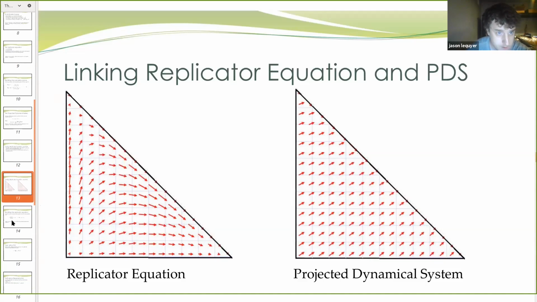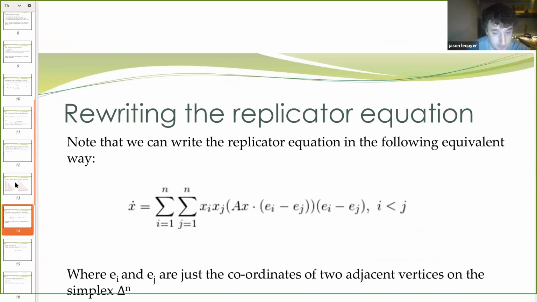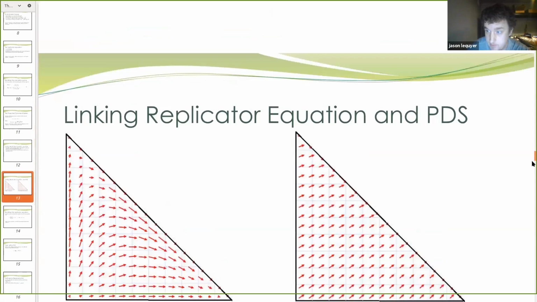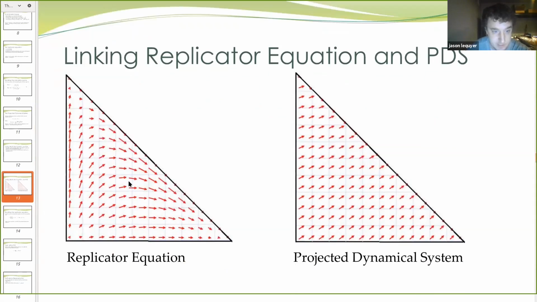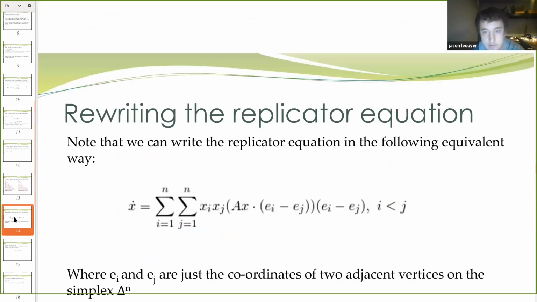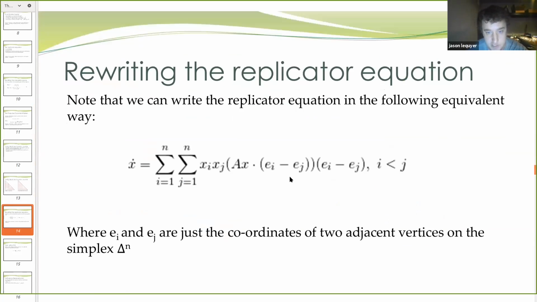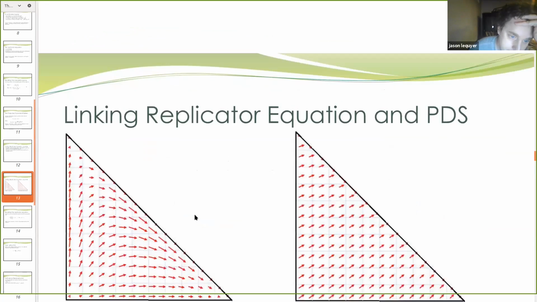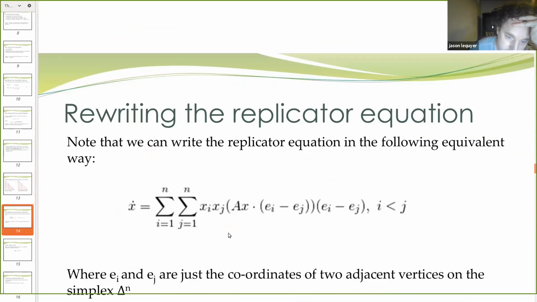So with a little bit of algebra, in the spirit of what we're seeing here, which is that it slowly projects onto each edge, we can rewrite the replicator equation in the following equivalent way. And again, this is just algebra and rearranging terms, but it's inspired by that image. Essentially what we have is that our AX projects onto the edge, and we have it projecting a little onto each edge at all times via this summation term.